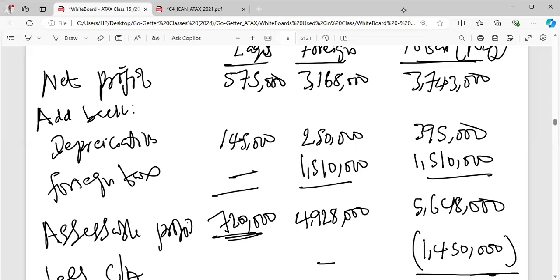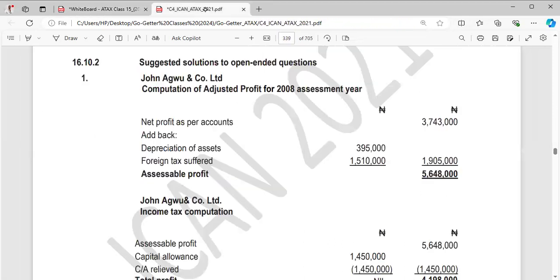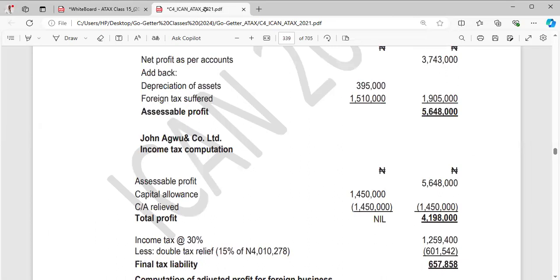All right. So we got the same assessable profit. Yes. Now we got the same capital allowance, which is this.